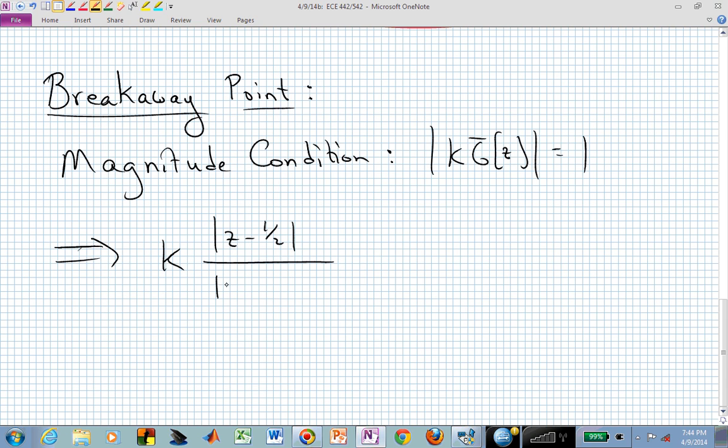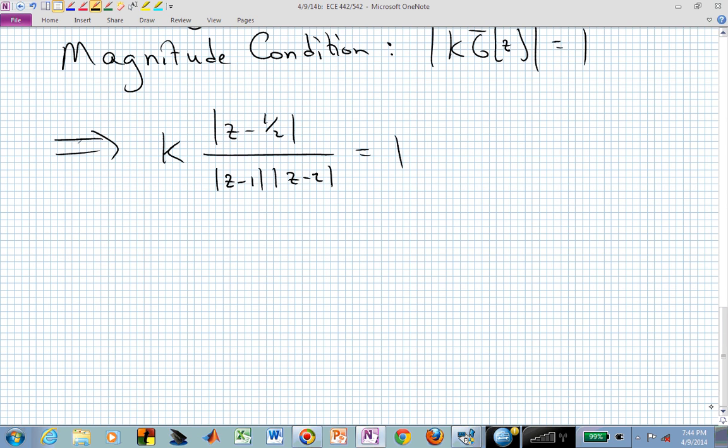We have the zero factor, we have the pole factor due to the pole at 1, we have the other pole factor due to the pole at 2, and those now have to equal 1, which we can solve for k by multiplying through in the appropriate manner.